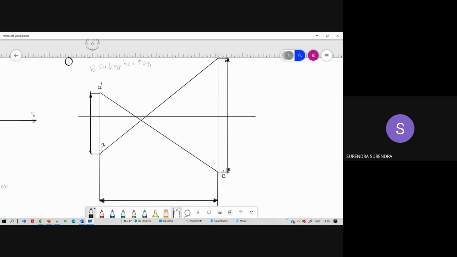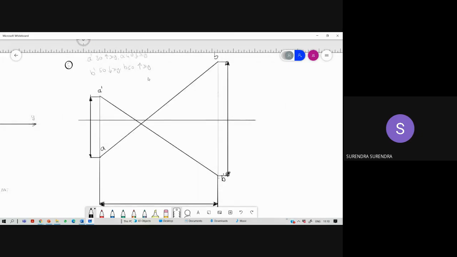So what are the dimensions given? A dash 30 mm above XY. So the dimensions are given from the XY line.